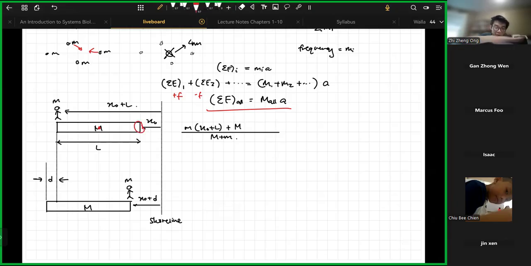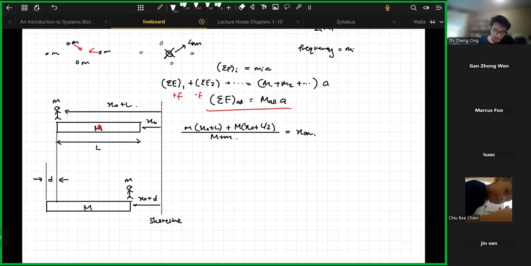The boat is uniform. We didn't really say that, but it's a valid assumption, because the boat has equal mass throughout, so essentially all the mass acts through its center. So instead of using x naught, we should use x naught plus L over 2. This is the center of mass.